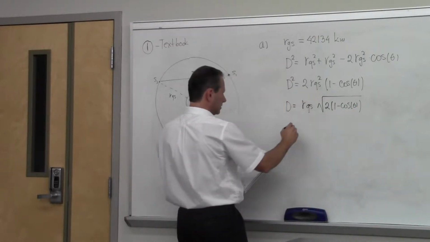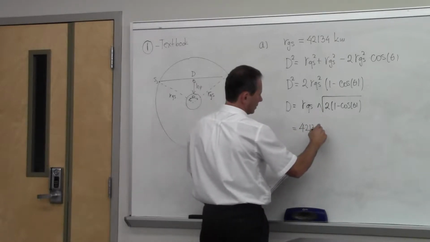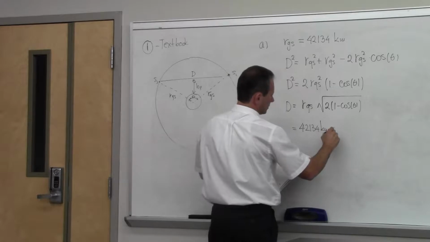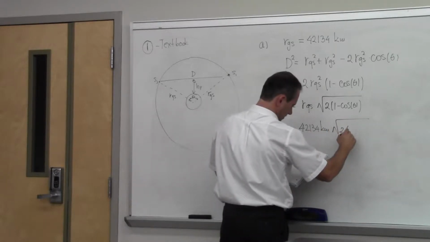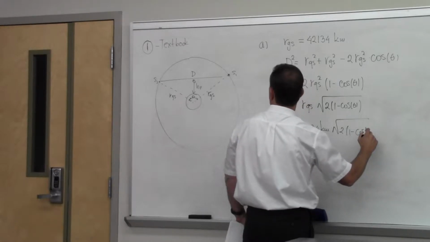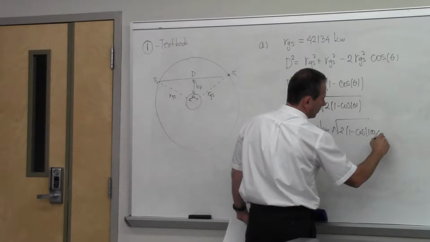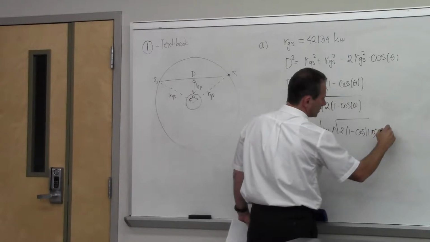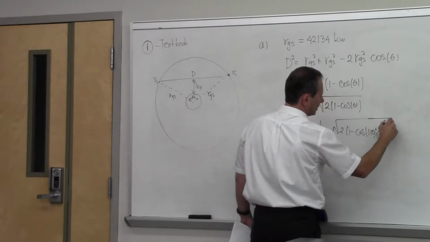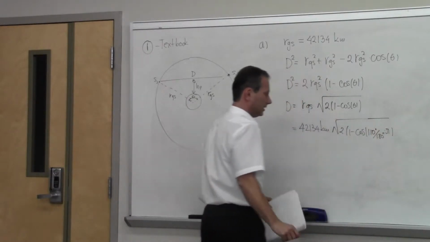And when you substitute the numbers, this becomes 42,134 kilometers times the square root of 2 times (1 minus cosine of 110 divided by 180 times pi). I deliberately write this to remind you that our calculators are in radians.